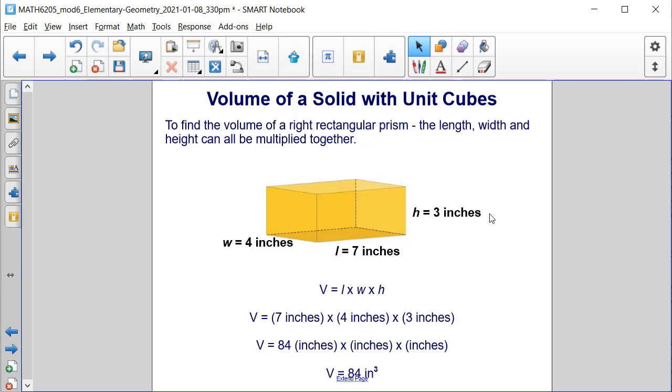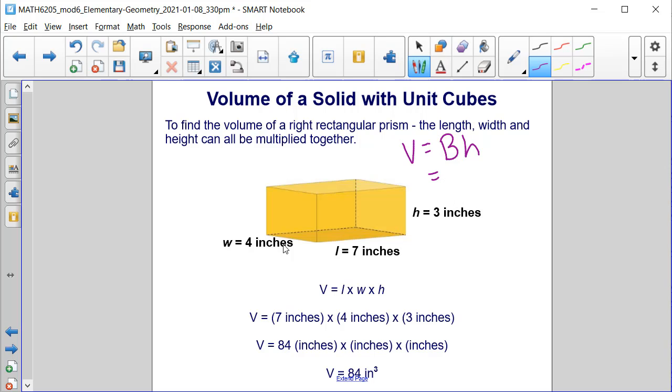In order to find the volume of rectangular prisms, we've so far been multiplying the area of our base times the height of the prism. In other words, we were multiplying B, capital B, area of the base, times the height.